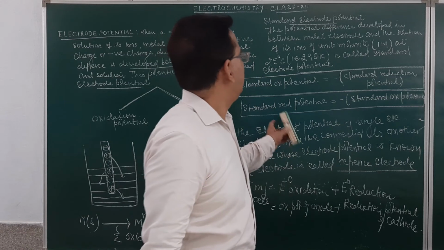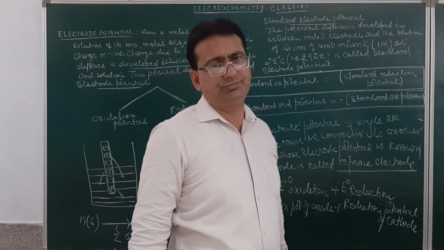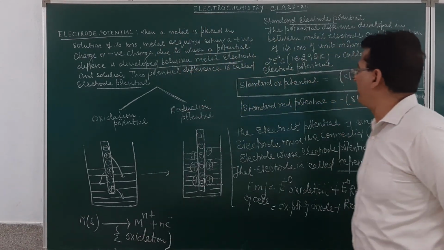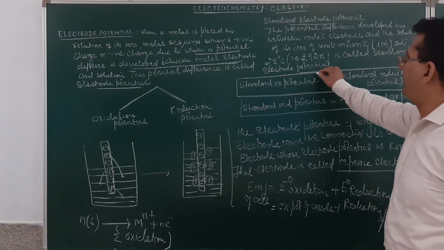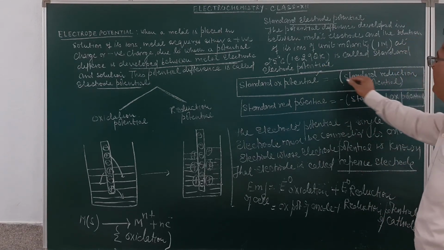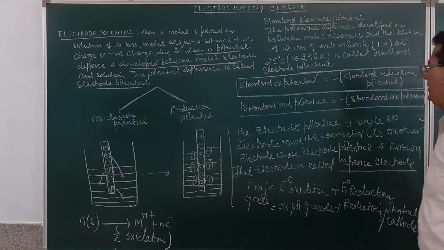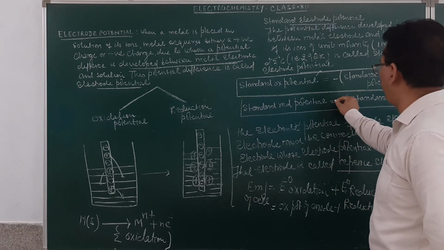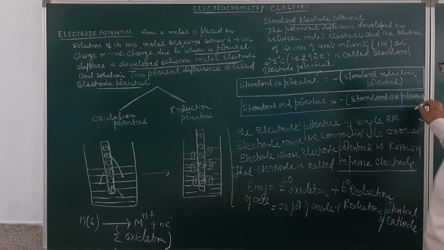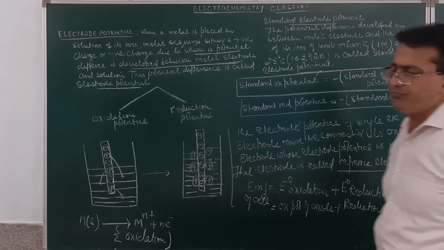Am I clear, student? Is it getting clear to you or not? So how to convert oxidation potential into reduction potential? Standard oxidation potential will be equal to negative of standard reduction potential, and standard reduction potential will be equal to negative of standard oxidation potential.